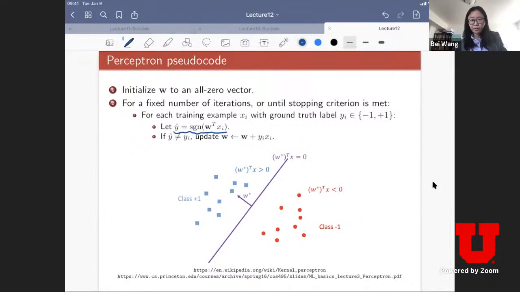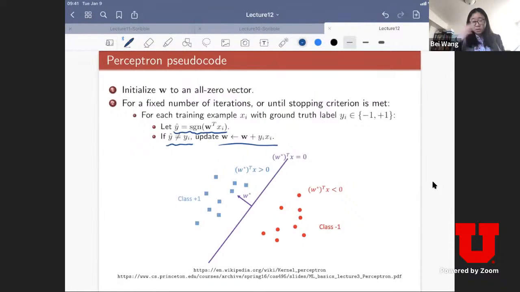If my current prediction doesn't match my true label, then I push the classifier in a certain direction. This is the update direction. I would like to adjust my classifier so that the prediction for this point moves towards the right direction, to reduce my classification error using this training data.